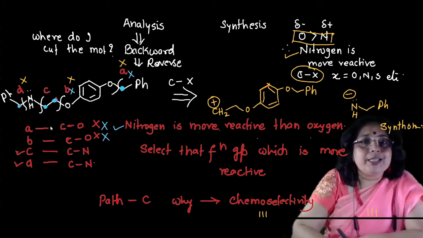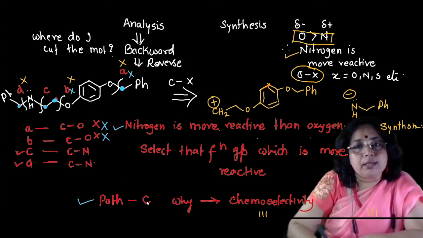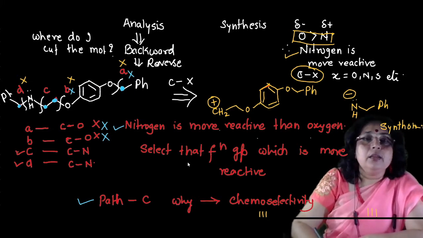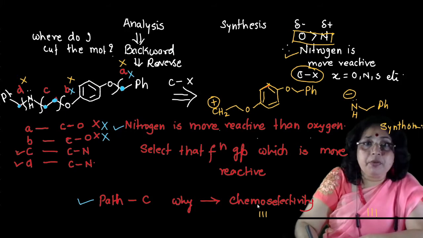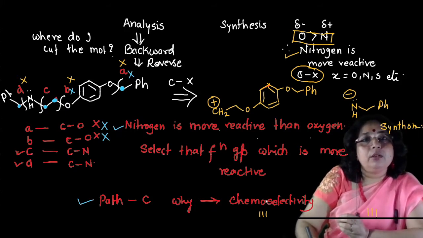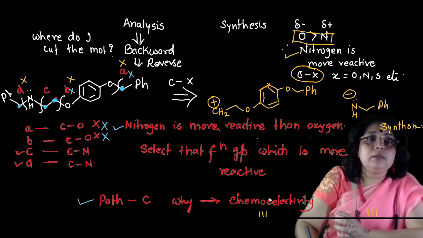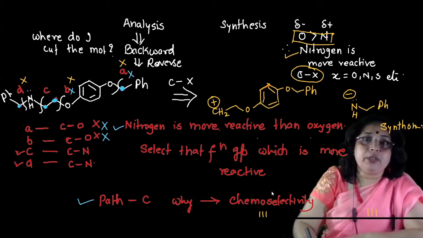Again, which disconnection we have to follow? Now my answer is I am going to follow the path C. Why? The reason behind that is chemoselectivity. Now I am going to prepare a separate video on the chemoselectivity, regioselectivity and the stereoselectivity.